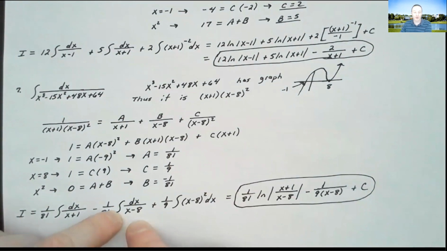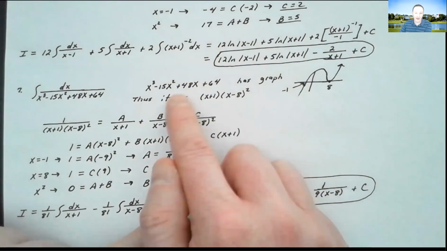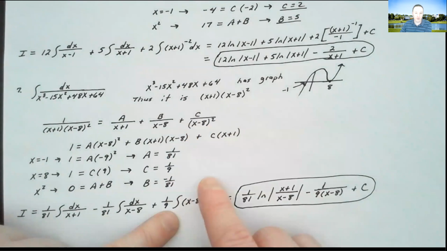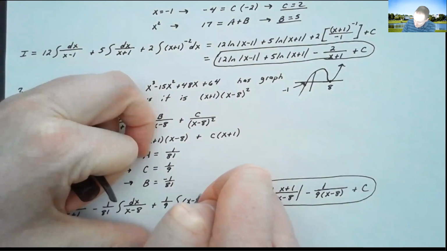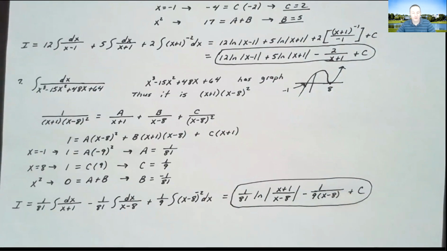And again, I'll bring the C out in front and say plus 1 over 9 times the integral. Now that the C is out in front, your numerator would be 1, your denominator would be x minus 8 squared. I went ahead and called that x minus 8, and I meant to put the -2 power there. And I integrated it correctly over here as if it were the -2 power.